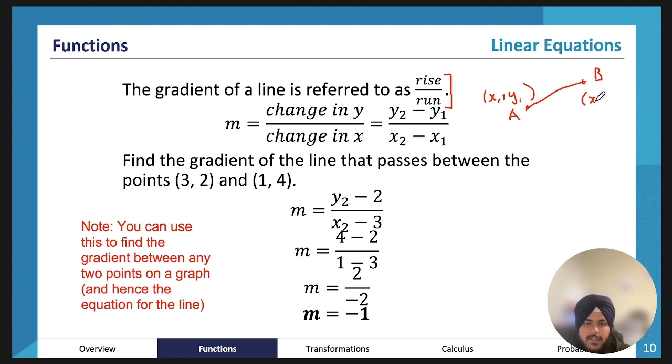When you have this, you can then find the gradient between these 2 points by using this formula over here. y2 minus y1 gives you how much the y values are changing by. And in the denominator, x2 minus x1 will tell you how much your x values are changing. But in order to use this formula, you need to know 2 points on the graph. Alternatively, if they don't give you any points, they just give you a graph, then you need to identify 2 sets of points and then go from there.